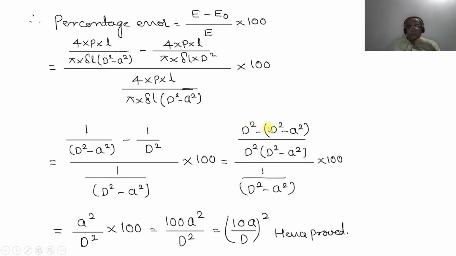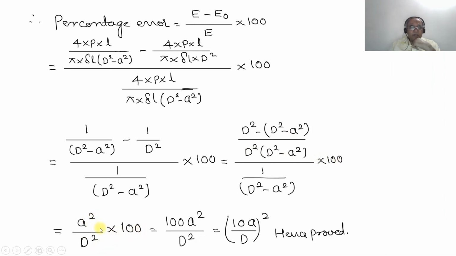So the D square minus a square cancels, D square minus D square is cancelled, and you are going to get a square by D square into 100.